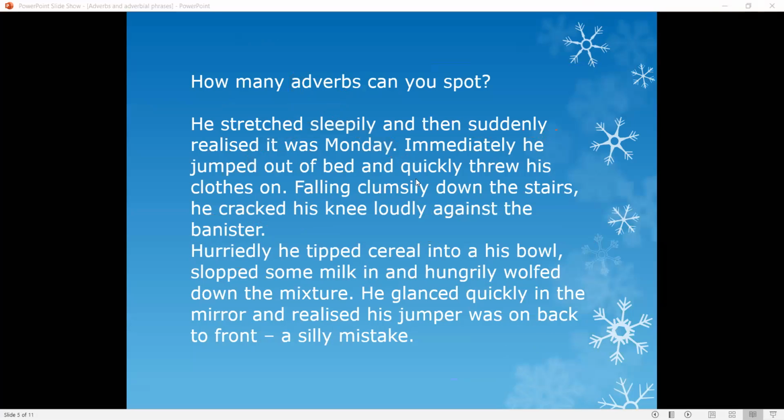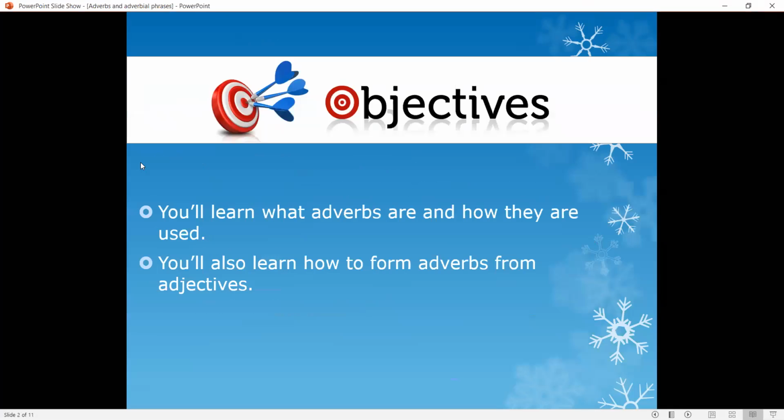And then let's go back to our objectives to make sure that we have actually reached our goal. You learn what adverbs are. We did. They are words that modify or add to the meaning of the verb. They tell you how, when, where, or how often this action is performed.